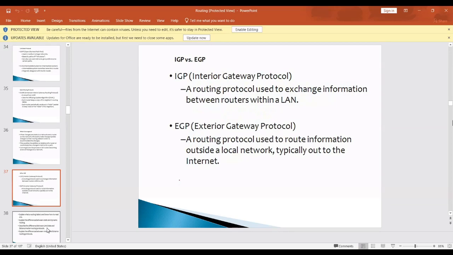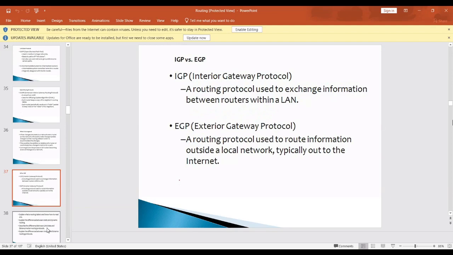If a routing protocol functions between autonomous systems, we call it an EGP, that is, exterior gateway protocol. Examples of interior gateway protocols are RIP version 2, IGRP, OSPF, and also IS-IS.